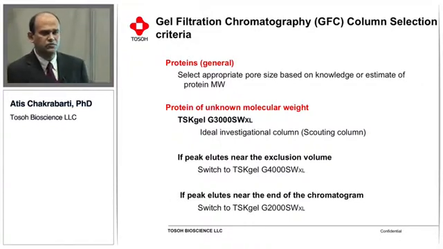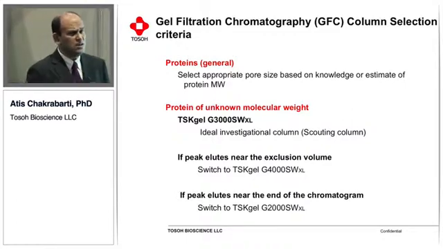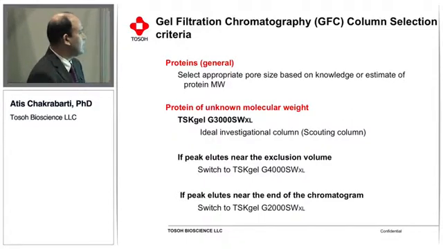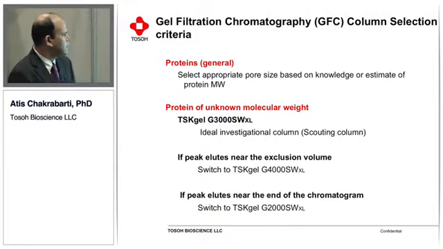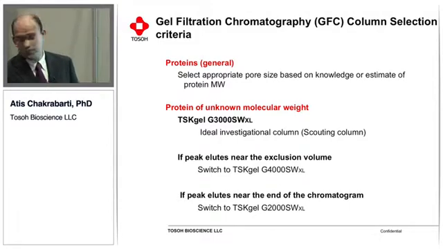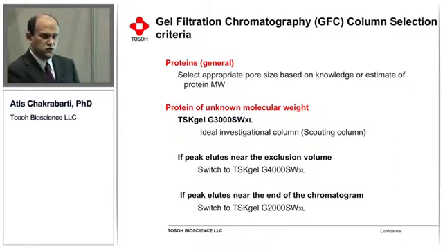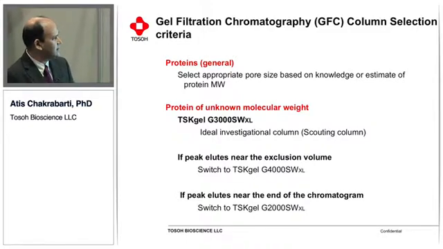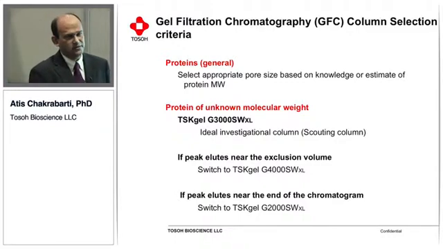We have another column, a 15 centimeter column for this, the QC pack GFC, that is even better, and you can use that for scouting, and then you can come back to G3000 also. Depending on the elution time, whether it's coming in the exclusion or in the total inclusion, you have to select either the G4000 or G2000 SWXL column.